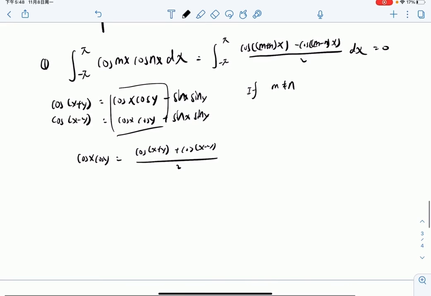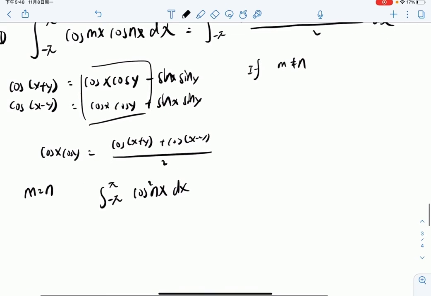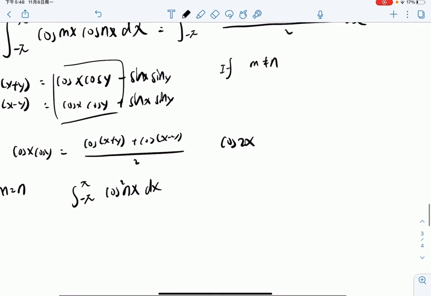Now if we consider the case of m equal to n, we have this integral to be cosine squared nx dx. And we know that cosine 2x is equal to cosine squared x minus sine squared x, which is equal to 2 cosine squared x minus 1.